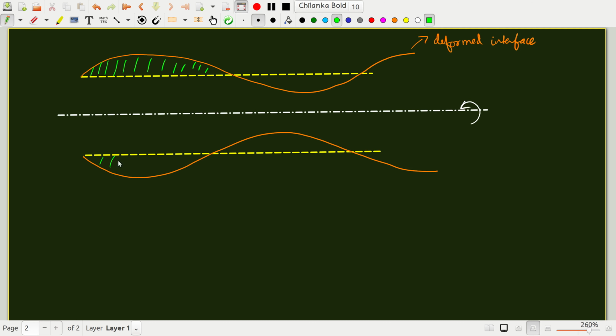Right now, although it looks like an area, this is the volume that is gained, whereas this is the volume that is lost, because now this part is just air or some gas. The liquid has lost this much volume, whereas it has gained this much volume.